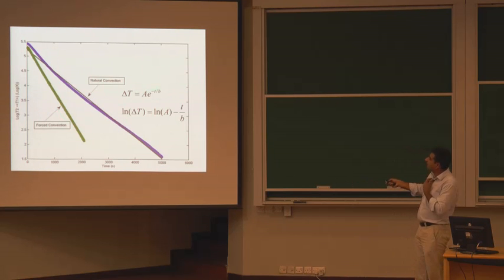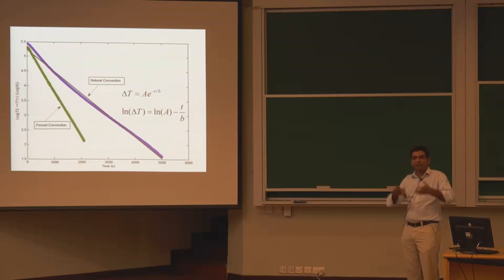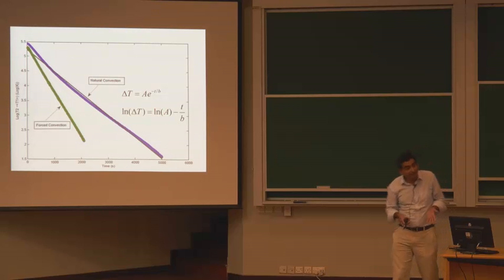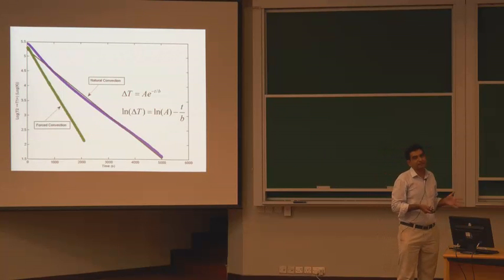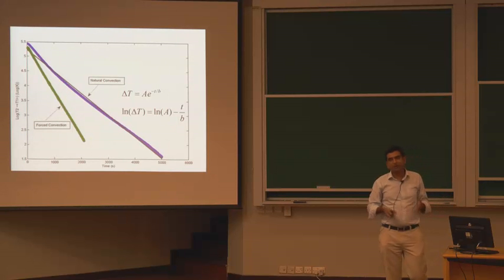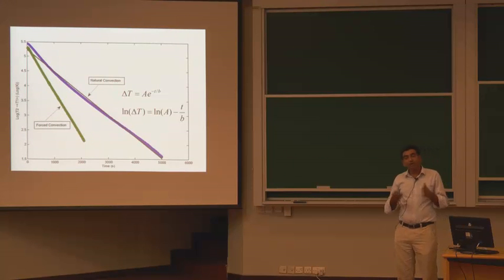So if this is my decay rate, it's exponential, I take the natural log of both sides, this turns into an equation of a straight line with a slope 1 over b, and this b is the decay rate, the rate of convective heat transfer, the rate at which this object is losing heat to its surroundings. Alright, so I can linearize graphs. It's very commonplace to linearize exponential graphs because they are easy to fit, and it's always nice to work with linear data.